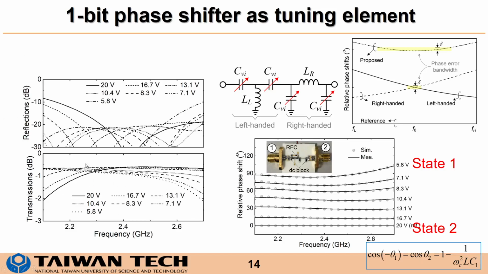And about the transmission coefficient, we got a maximum of about 2 dB loss when the frequency goes to the lower or upper edge. And about the relative phase shift, we got a phase difference changing when we change the capacitor value.